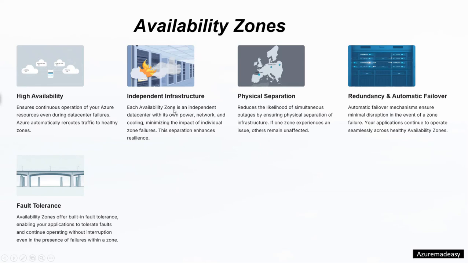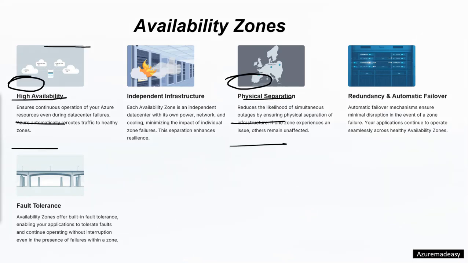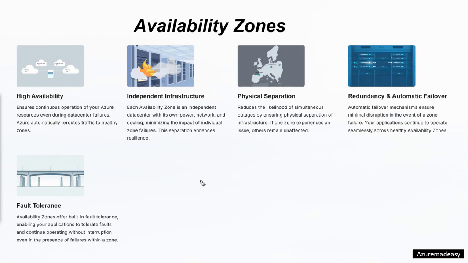Now we have another thing that is called your availability zone. One thing we need to understand here is, let's suppose we have one data center.